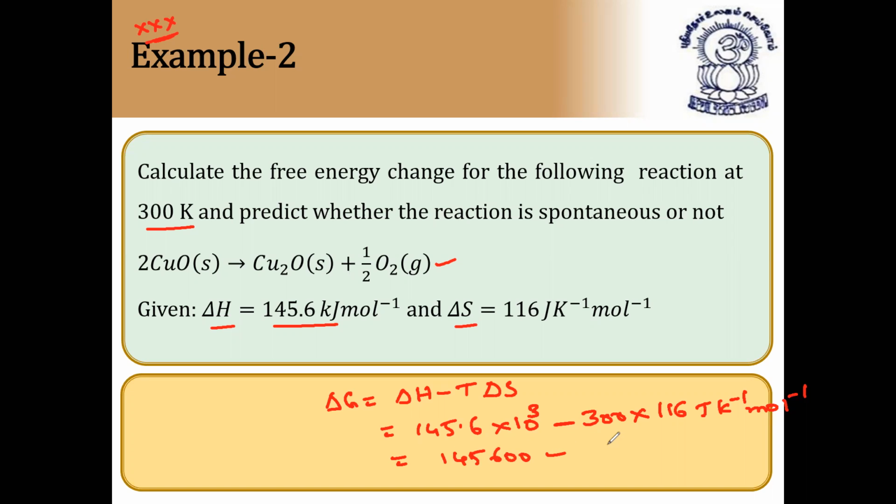Minus next, 300 into 116. 300 into 116 is equal to 34,800.